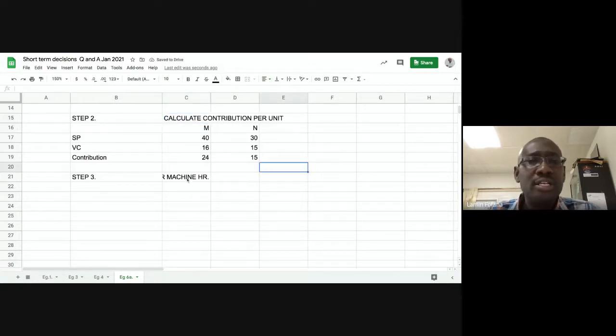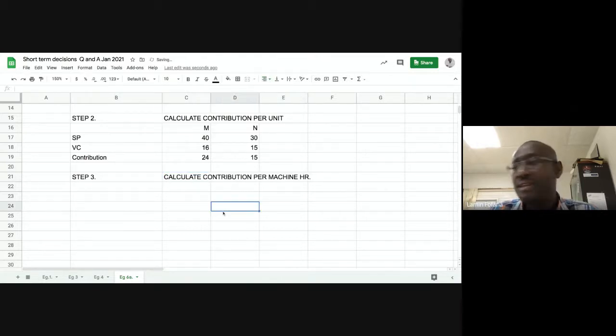Okay, so let's proceed. I just want to show you how that works so that we kill two birds with one stone. We're not only learning management accounting, but we can learn spreadsheet knowledge as well. Like I keep saying, as accountants, you can't go without spreadsheet knowledge. It is very, very, very important, just like the subject knowledge.